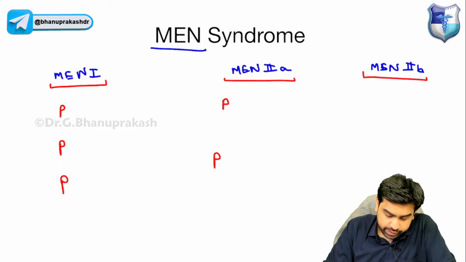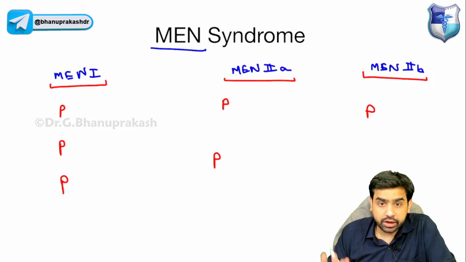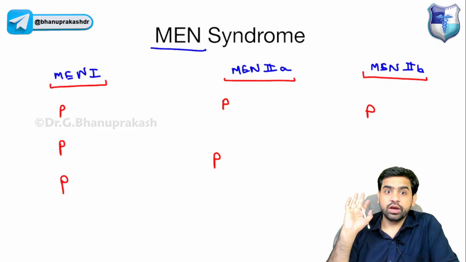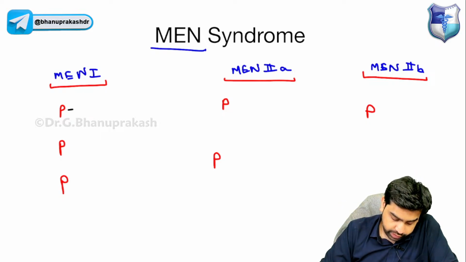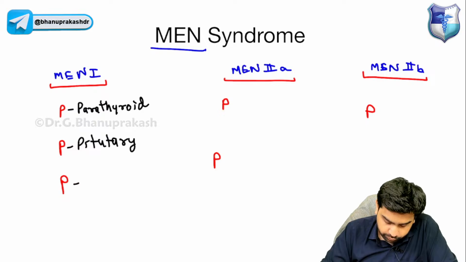And MEN 2B is a syndrome of a single P. We will talk about these, but let's first understand the 3P, 2P, and 1P. What organs are involved in MEN 1? There is involvement of the parathyroid, the pituitary, and the pancreas.